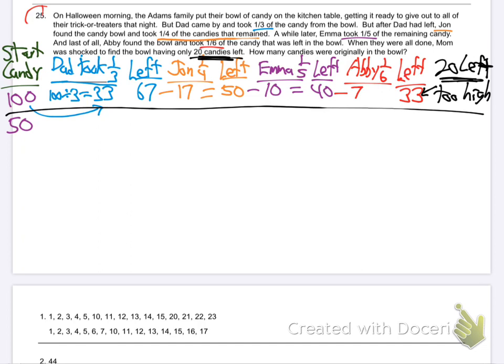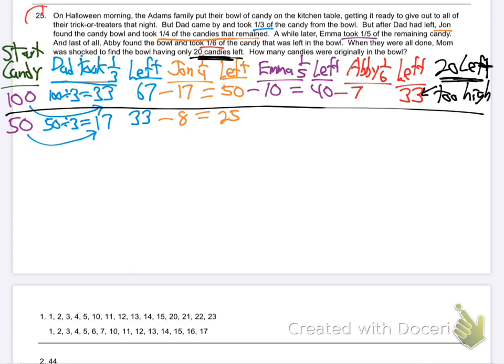So, okay, let's do Dad. If there was 50 to begin with, then 50 divided by 3, Dad took about 17. Subtract that, 50 minus 17, leaves 33. And then John took a fourth, so 33 divided by 4. He took, I'll round it to 8. That leaves 25.